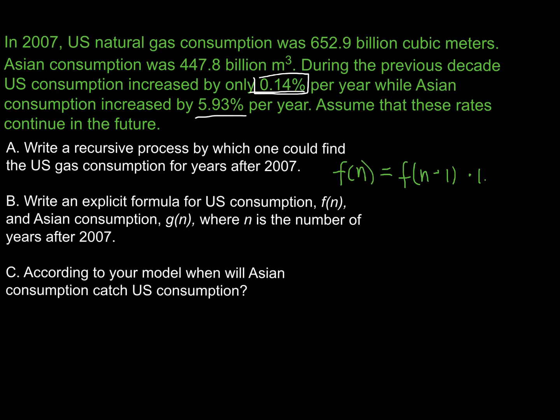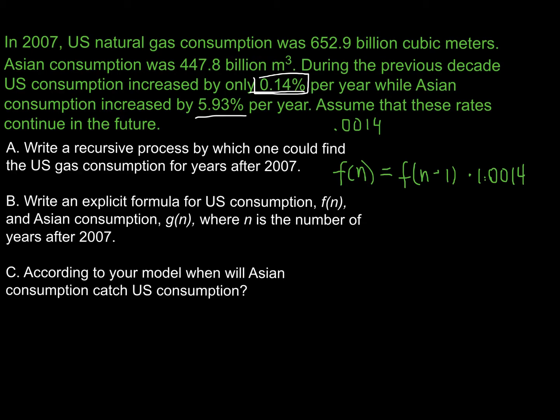So this is 0.014%. If you think about representing that as a decimal, that is going to be 0.0014, and so it'll be 1.0014. That's what I will be multiplying my previous year's consumption by to get next year's consumption.